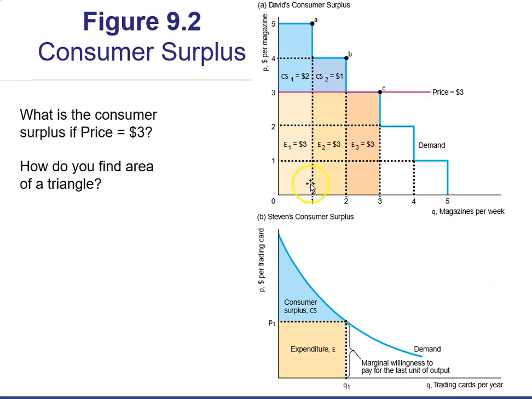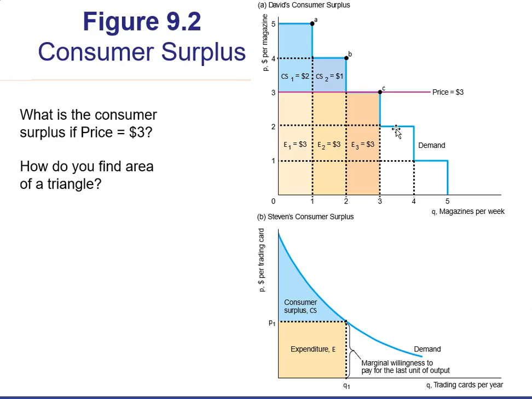And then here's another example, done with prettier graphs. The scenario is the price is $3, and this consumer values the first unit at 5, the second unit at 4, the third unit at 3, the fourth unit at 2.